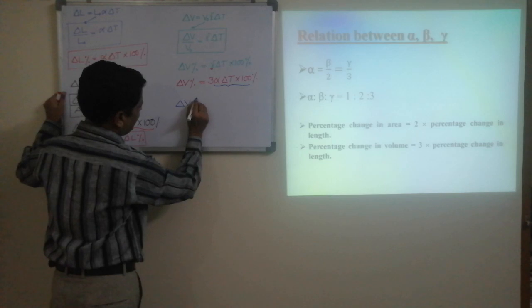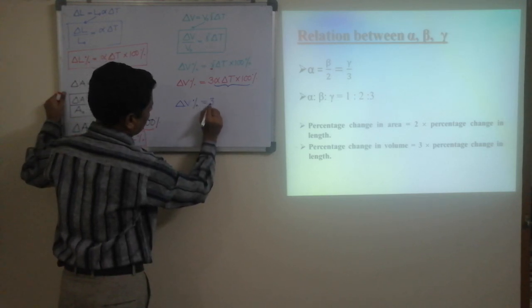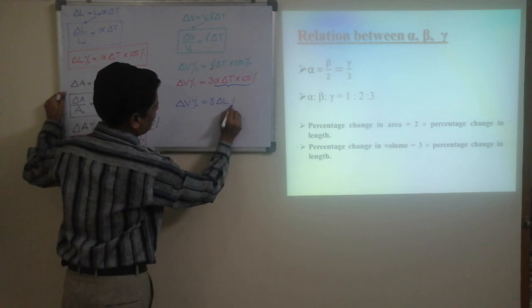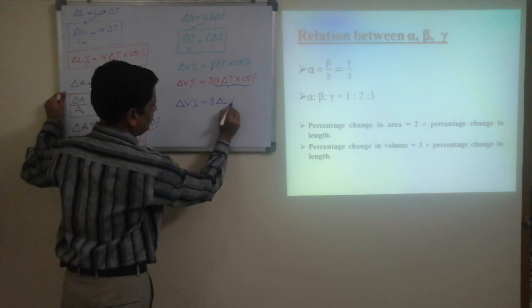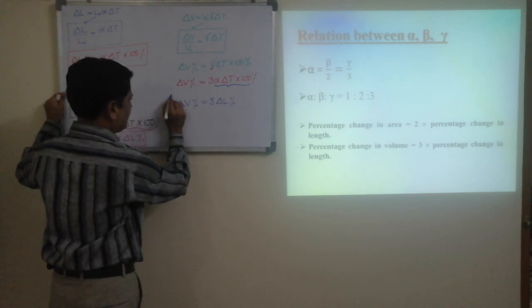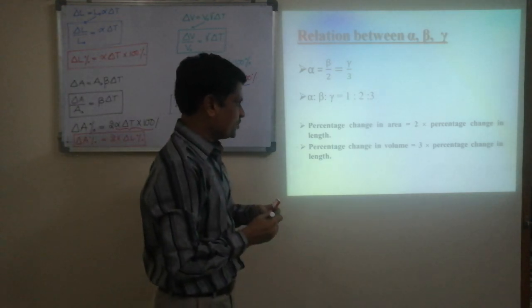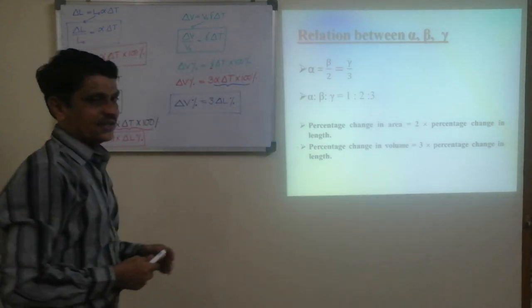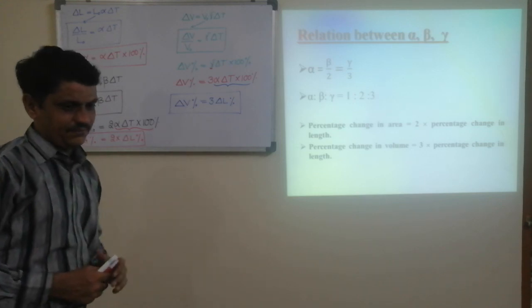Therefore, percentage change in volume is equal to 3 times percentage change in length, delta L%. So this is our relation: percentage change in volume is equal to 3 into percentage change in length. Please pause the screen and copy.